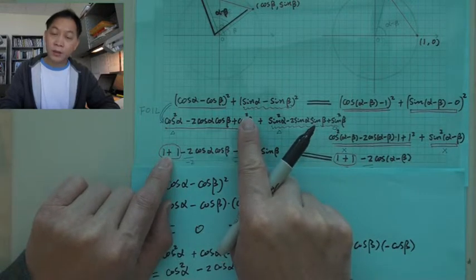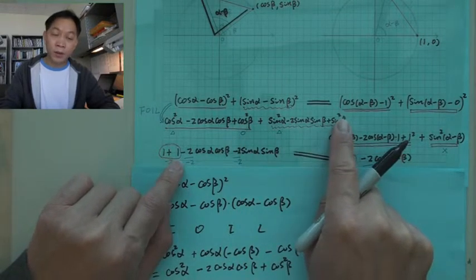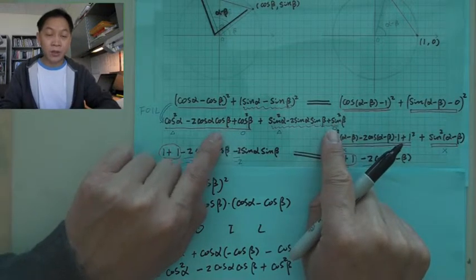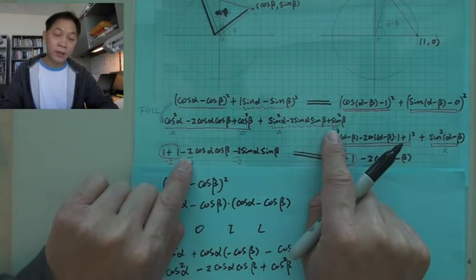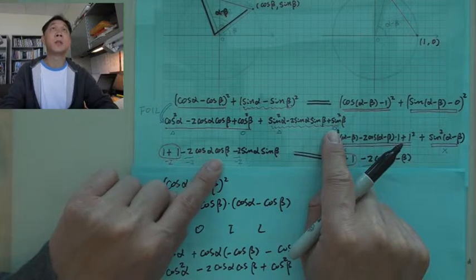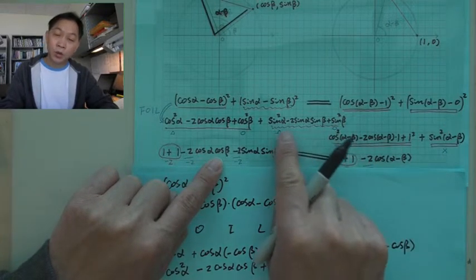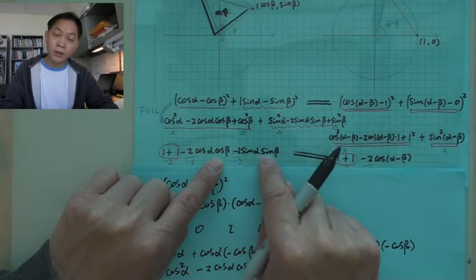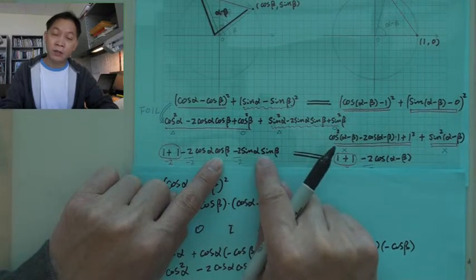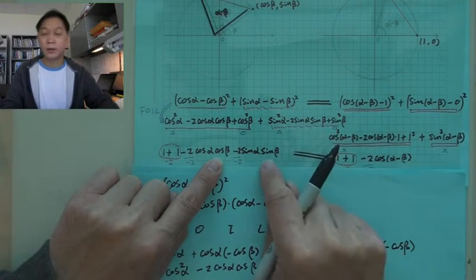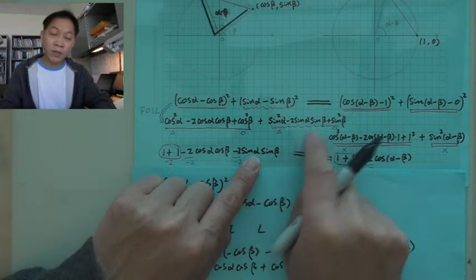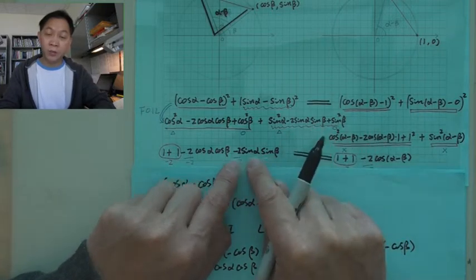Cosine beta squared plus sine beta squared is another 1. And then you copy this term down here, negative 2 cosine alpha cosine beta. You copy this term down here, negative 2 sine alpha sine beta. Okay? So left hand side is simplified in this way.